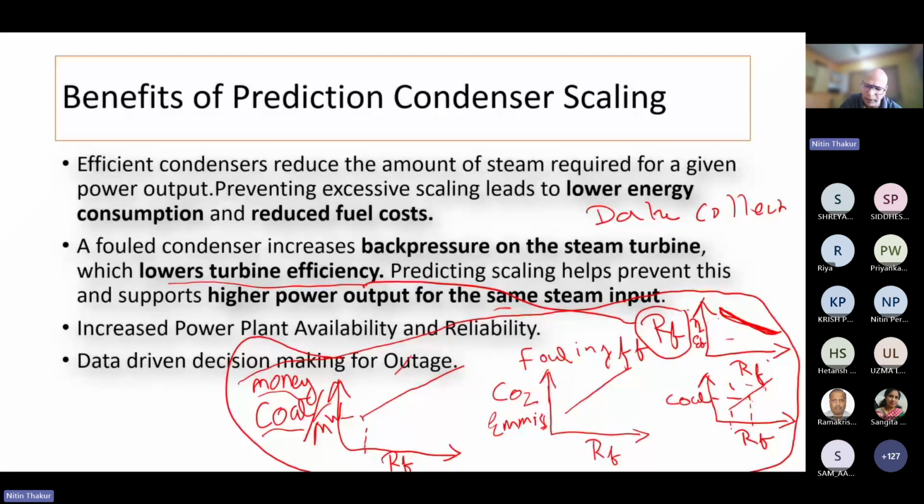And if we further run the unit even more scaled, this 10 lakhs becomes 20 lakhs within a fraction of days if we are not monitoring it. So that is the magnitude we are talking. So it became more of a money making as well as CO2 emission.